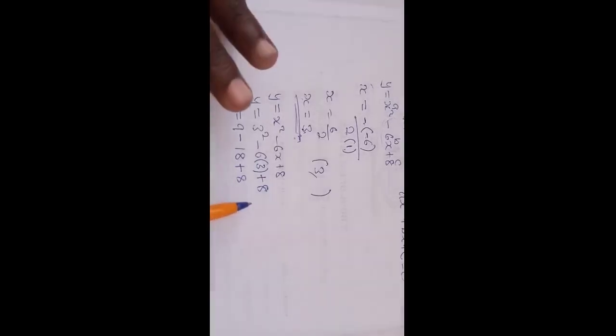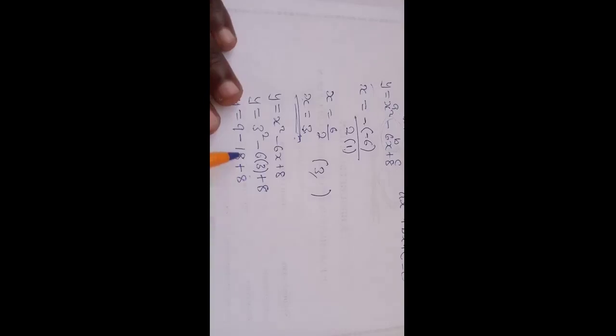You need to follow BODMAS here. BODMAS says brackets, of, division, multiplication, addition, and subtraction. So what comes first between addition and subtraction? Addition comes first, like that.